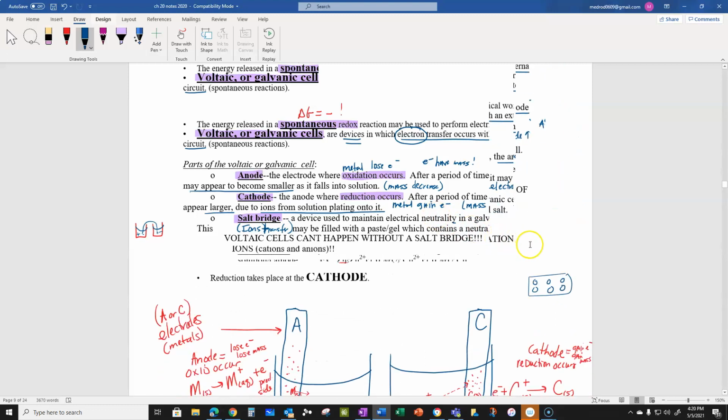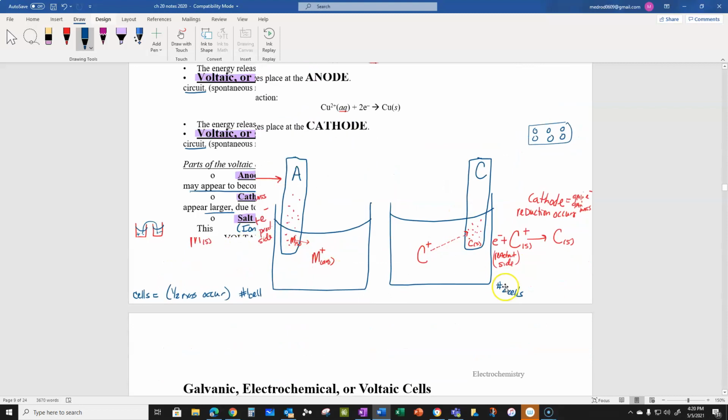So if you notice down here in our full equation, we'd have the metal that lost, we'll say 1 electron, and produce 1 electron. And then we have our reduction, with an electron, our capital C ion, and then our C solid.